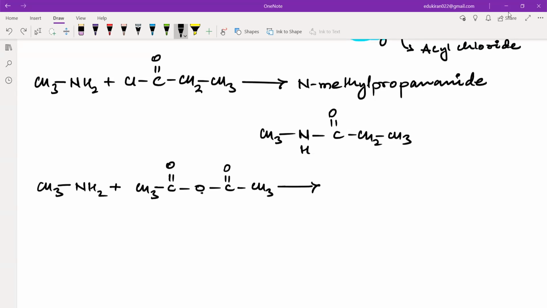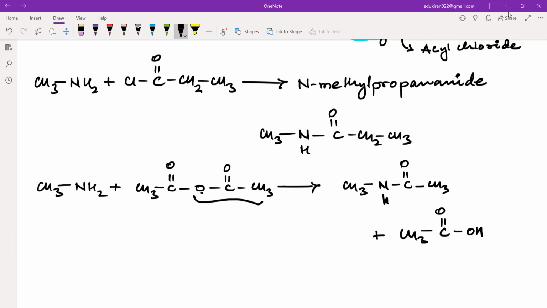So you will get CH3NH C double bond O CH3, plus with the other carbon atom you will get CH3 C double bond O OH.